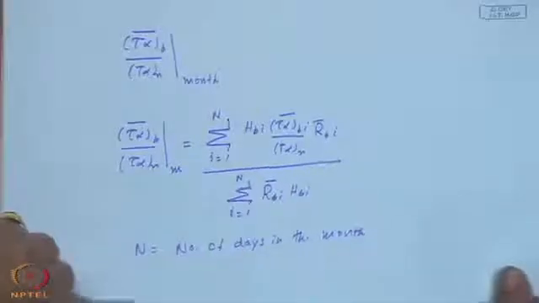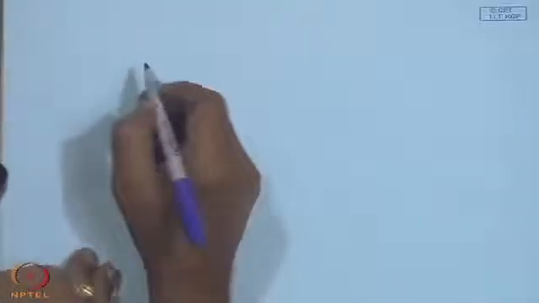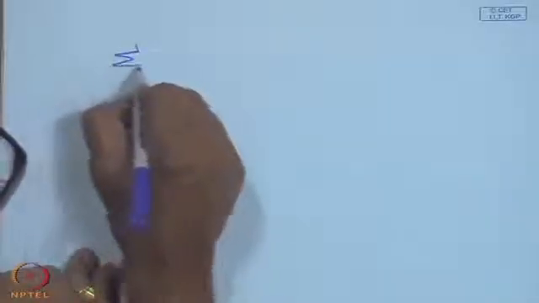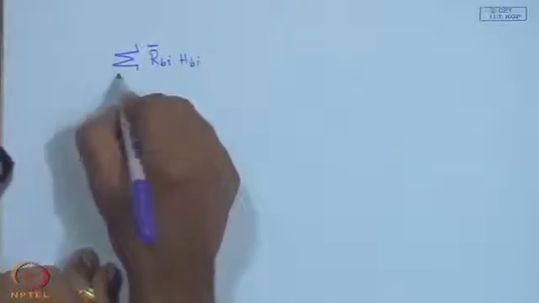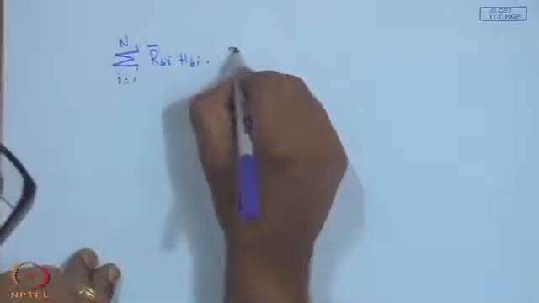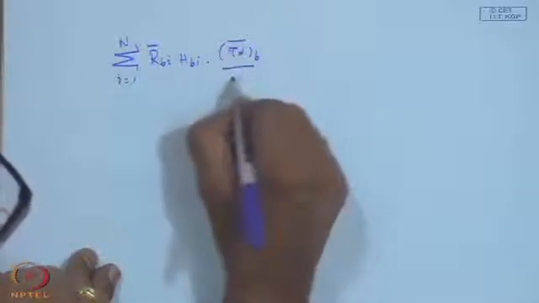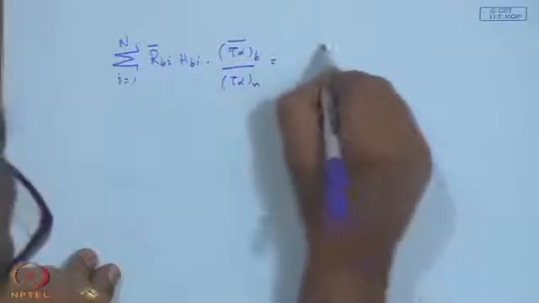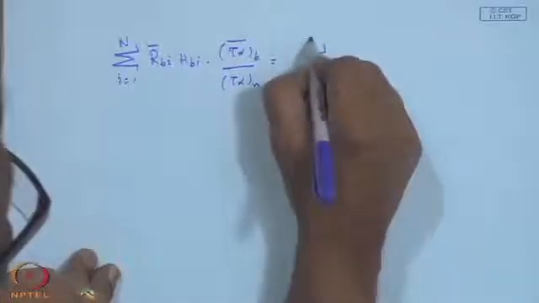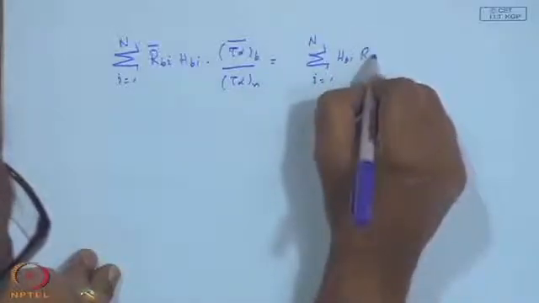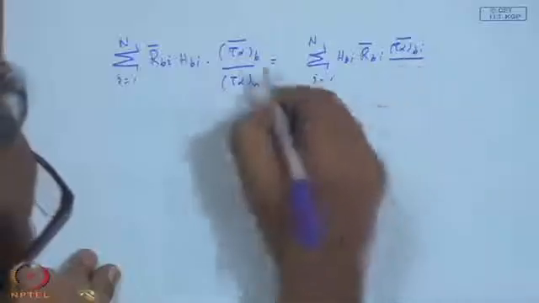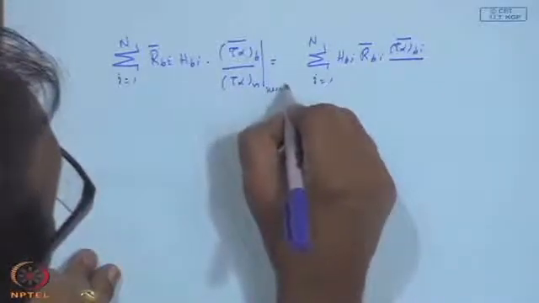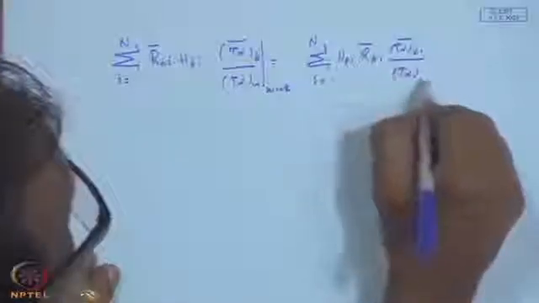so if I bring it on to the other side, this simply implies summation over all the days, this should be month.